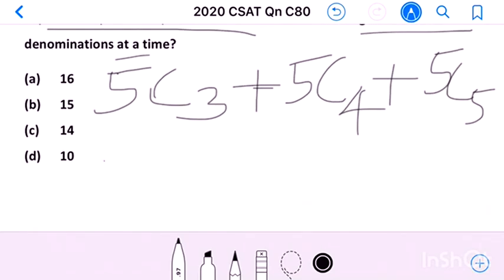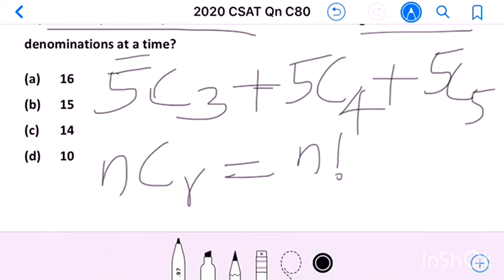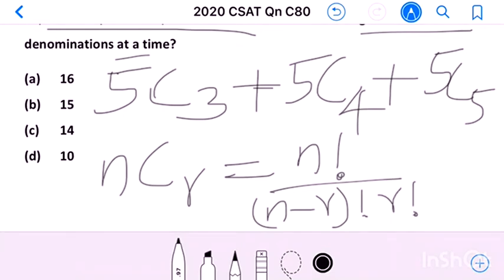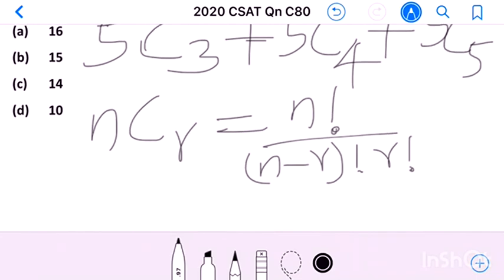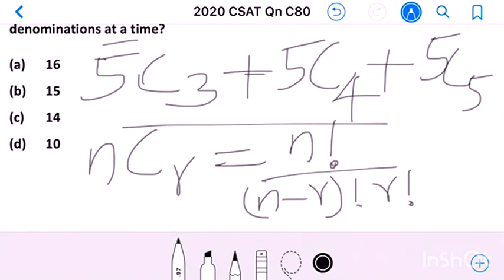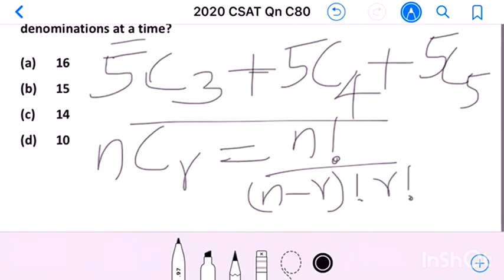Then what is the value of nCr? nCr means n factorial divided by n minus r factorial into r factorial. Using this equation we can solve this value. That is our answer. These many ways we can have different sums.